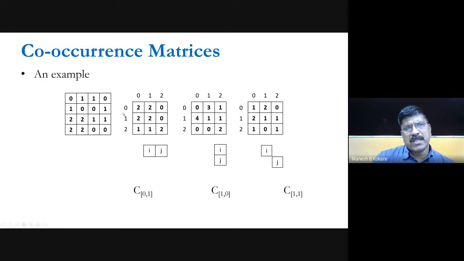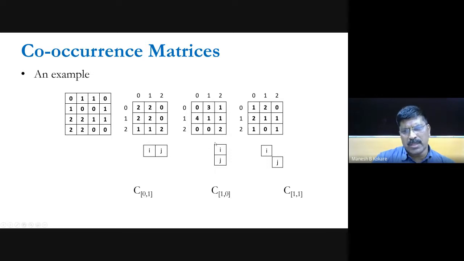Now see the co-occurrence matrix C01, where basically your row is not changing but the column is changing. You are going in this direction, so in this direction only the columns are changing, rows remain the same.